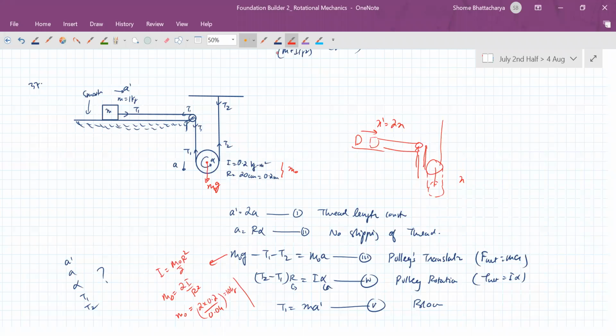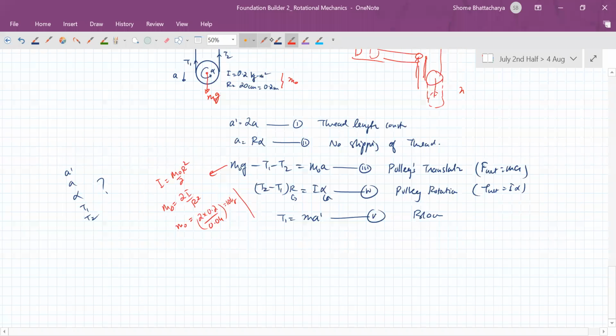Okay, so people, hope you've understood these equations. Let's finish the solving part. So what we can do here is T2 minus T1 into R. On the other side, we can take alpha as a by R, and that will give us that T2 minus T1 is equal to this.